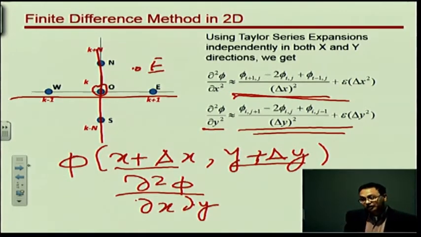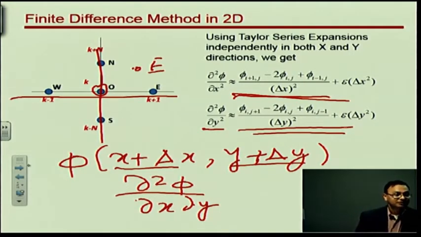If you don't have a Cartesian mesh, then you got to do coordinate transformation, which is what we had talked about earlier. Remember I had talked about the fact that when you do coordinate transformation, the d square phi dx square plus d square phi dy square is not going to give you back d square phi d xi square plus d square phi d eta square. There will be cross derivatives, and that's the reason.